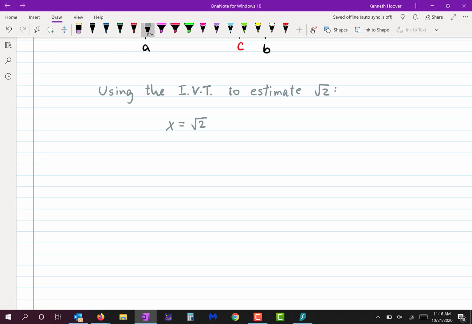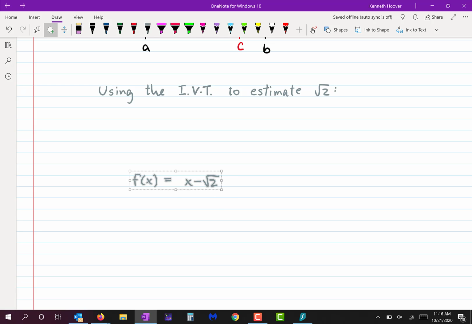Okay, so what I'm going to do is subtract the square root of 2 from both sides and write x minus the square root of 2 equals 0. Okay, so let's write f of x equals x minus the square root of 2, and we want to know when does that equal 0.